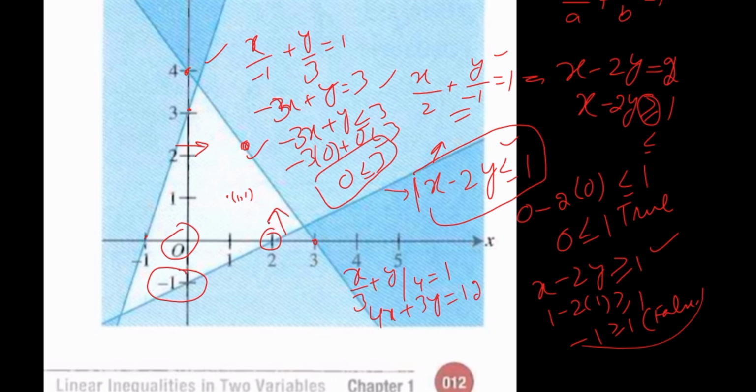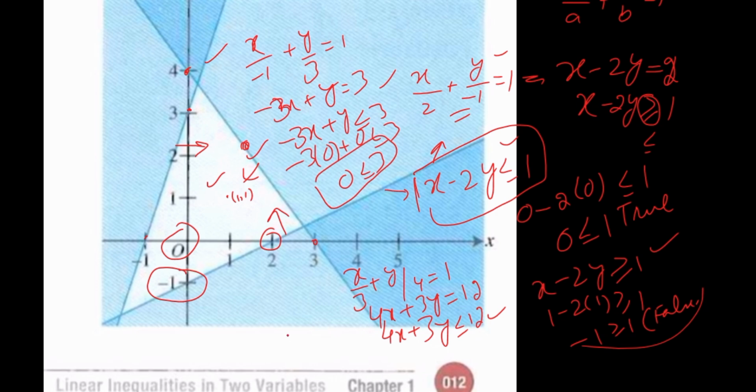Now the unshaded region is below this line. So the associated inequality is 4x plus 3y less than or equal to 12. Again, you can take any point from this unshaded region and put that point in this inequality and check whether that point is satisfied by this inequality or not.